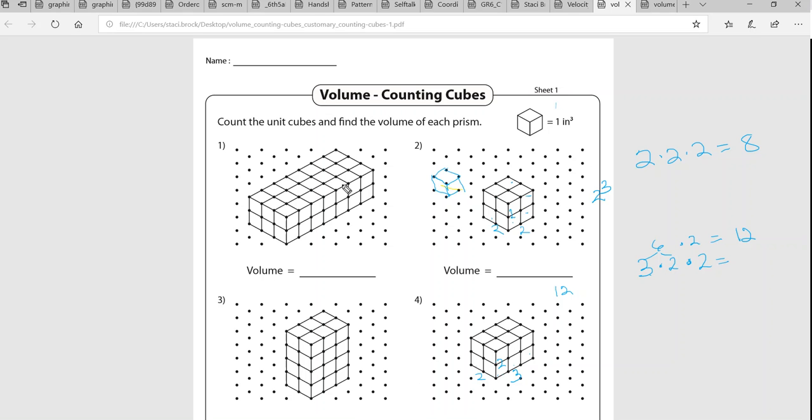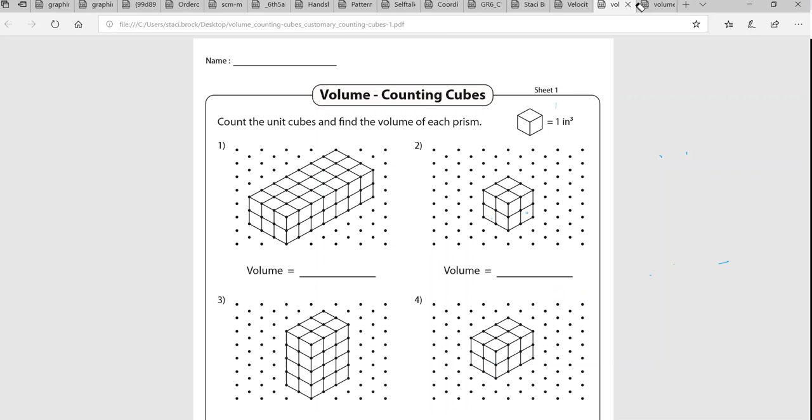Those are all the things I'd have to remember if I was going to just count boxes. So that could get rather inconvenient. There's got to be an easier way, and that easier way is just multiplying those numbers, the length, the width, and the height. So let's look at another worksheet here.